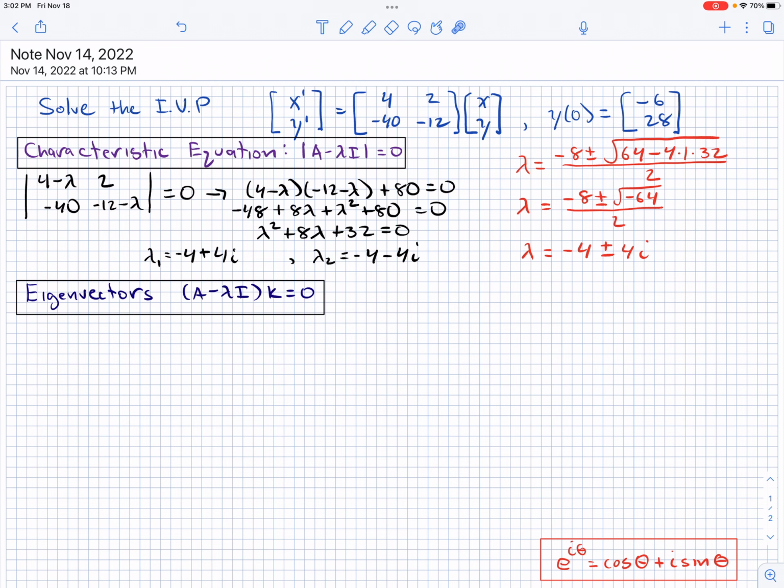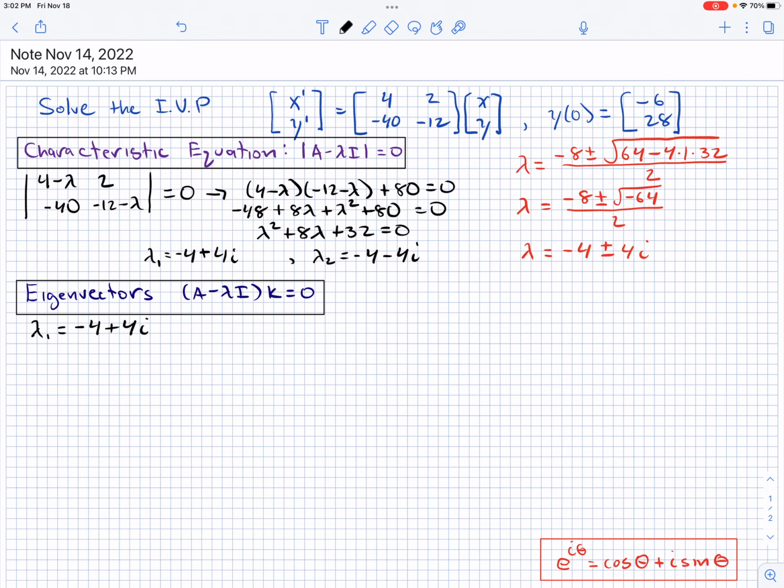And that is found from A minus lambda I times some k being equal to 0. So let us do that. Our lambda sub 1 is going to be, we chose negative 4 plus 4i, or I chose it.